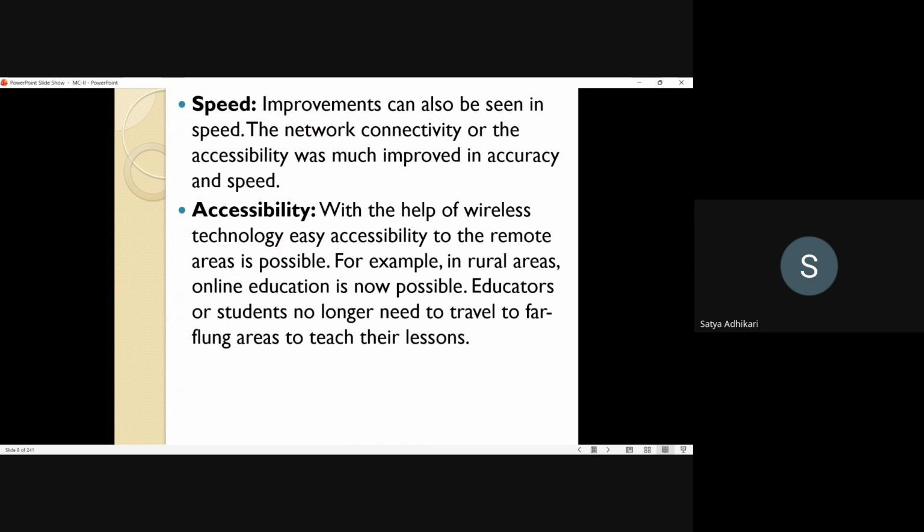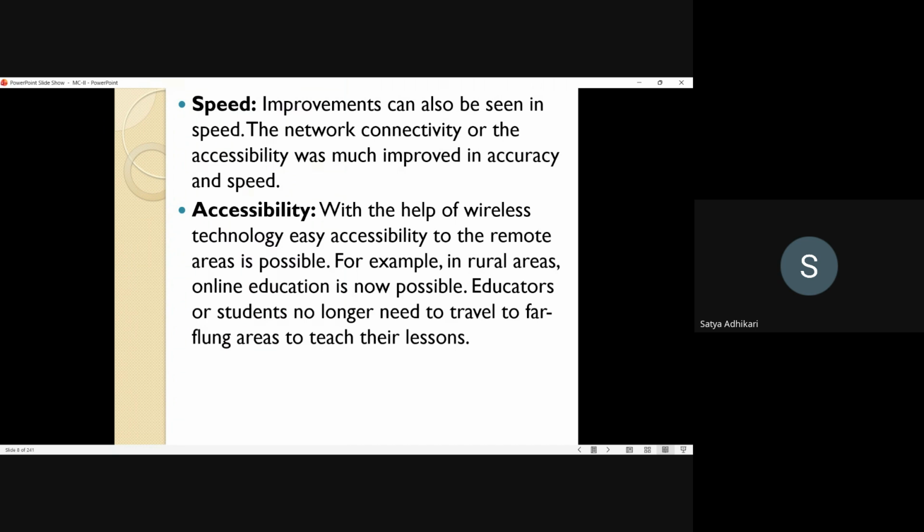Accessibility. With the help of wireless technology, easy accessibility to remote areas is possible. For example, in rural areas, online education is now possible. There are some areas where it is not possible to construct a wired network. So in those areas, mobile communication or a mobile network is preferable. Educators or students no longer need to travel to faraway areas to teach their lessons.